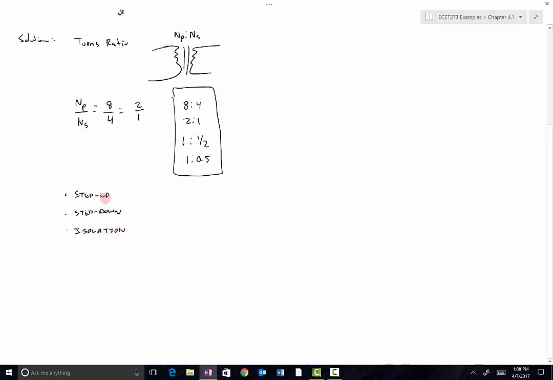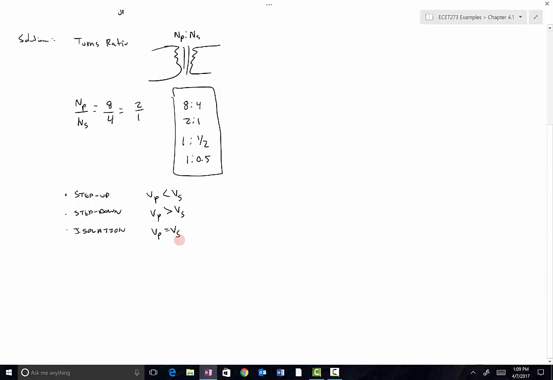These terms refer to what is done to the voltage that is put into the primary. Step up is V_P less than V_S, meaning the voltage coming out of the secondary is larger than V_P. In a step down type, the voltage coming out has to be smaller, so V_P is larger than V_S. And in an isolation type transformer, the primary and secondary voltages are equal.